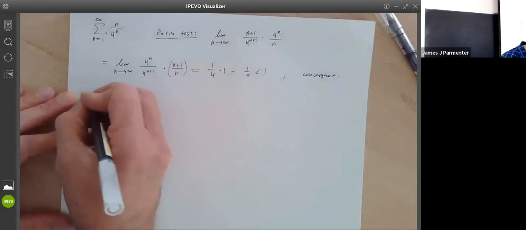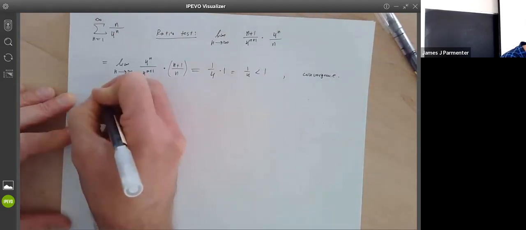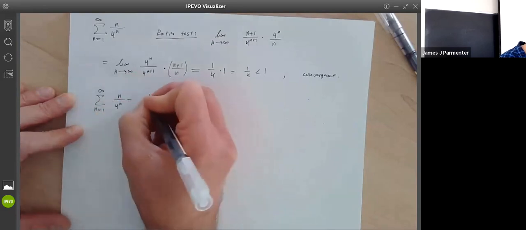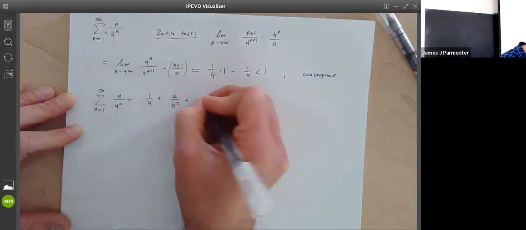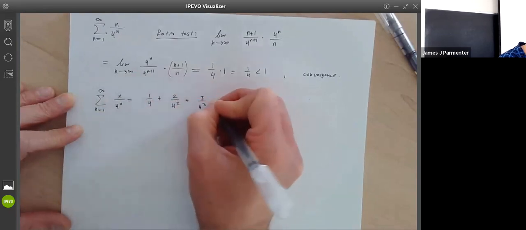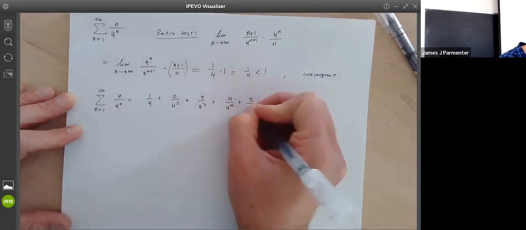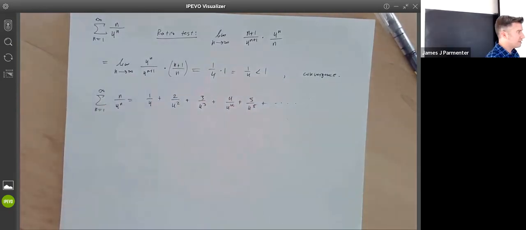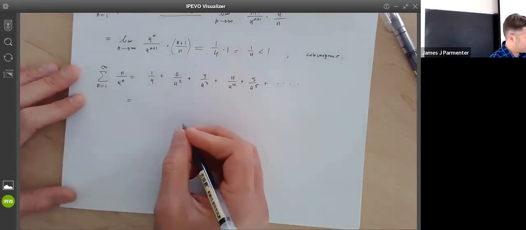So if I start writing out terms, let's see what we get. The sum from n equals 1 to infinity of n over 4 to the n is 1 over 4 plus 2 over 4 squared plus 3 over 4 cubed. Let's go 2 more terms. 4 over 4 to the 4th, 5 over 4 to the 5th. Okay, now we're gonna do something tricky. So watch this.